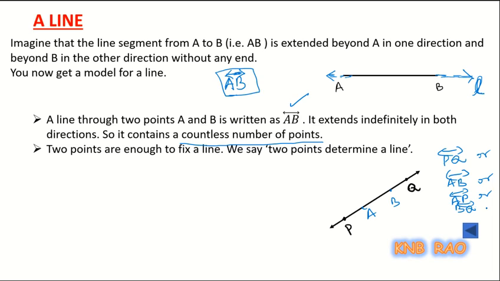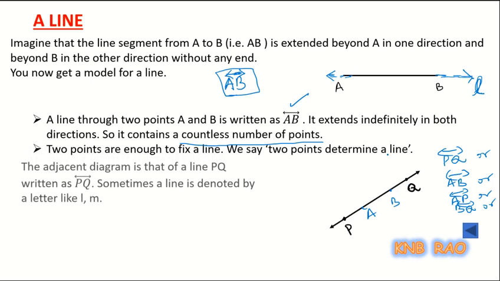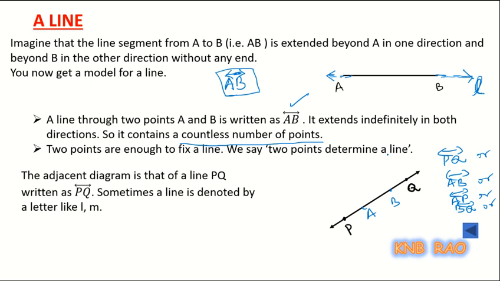So we have plenty of options. 2 points are enough to say the name of the line, or 2 points determine a line. Now this adjacent figure is that of a line PQ. Sometimes a line is denoted by a small letter, line L, and I can say that this is line M, like this with small letters.